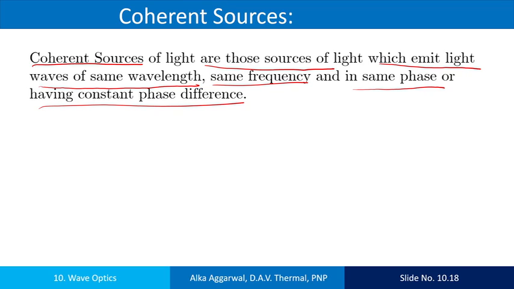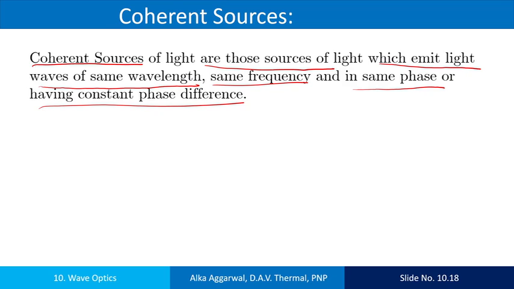Two independent sources of light, such as two sodium lamps, cannot act as coherent sources because the light from a source is emitted by matter in bulk. It is emitted by billions of excited atoms as independent sources. So the light wave emitted by an ordinary source undergoes abrupt phase changes.